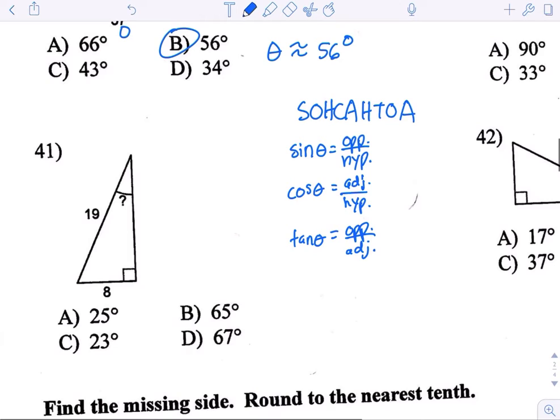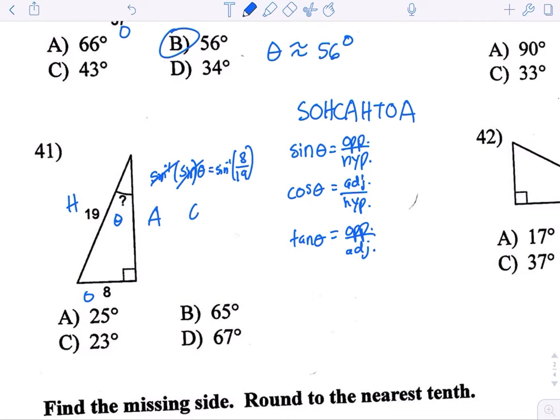Alright, this one, here's theta. Label everything: hypotenuse, opposite, adjacent. Where is there information? At the O and the H, so we're going to be using sine. So sine of theta is equal to opposite over hypotenuse. Let's take the sine inverse of both sides so we can isolate the theta.